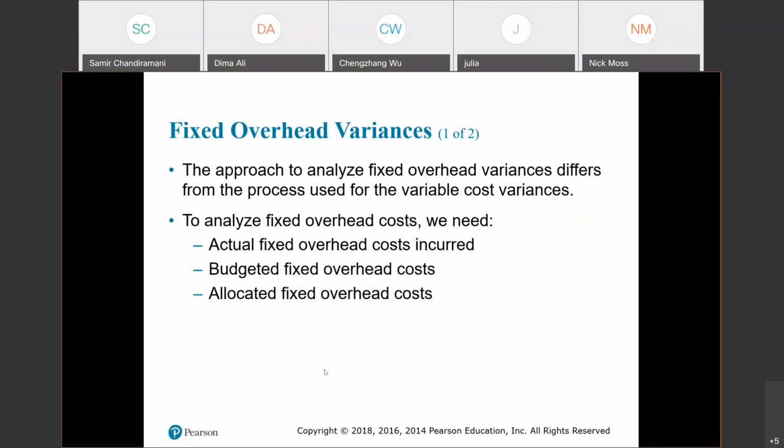So to analyze the fixed overhead costs, we will need these three amounts: actual fixed overhead cost incurred, budgeted fixed overhead cost, and allocated fixed overhead cost.